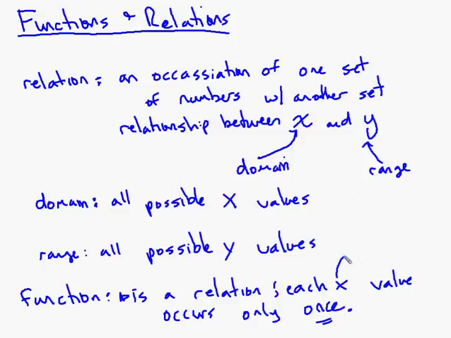So if you want to think of this in biblical terms, this is the husband of one wife, right? Okay, our wives are not going to have multiple husbands or anything like that. So each x is only going to appear one time.